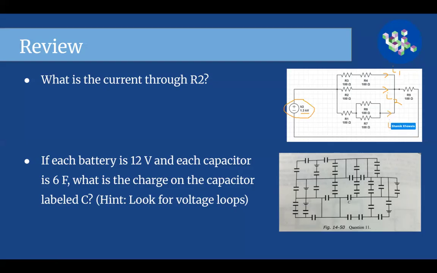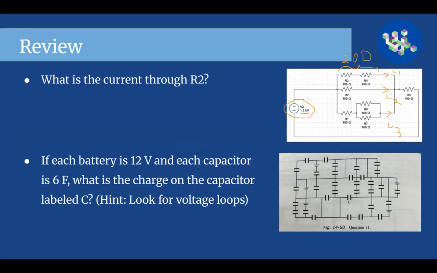Since the actual number of resistors doesn't matter, only the equivalent resistance in each of these paths matters, we can find that the equivalent resistance of this pair is 100 plus 100 equals 200. And for this one, it's just one resistor, 100.